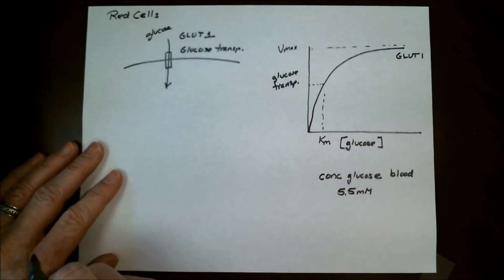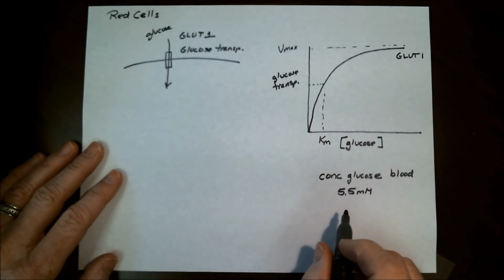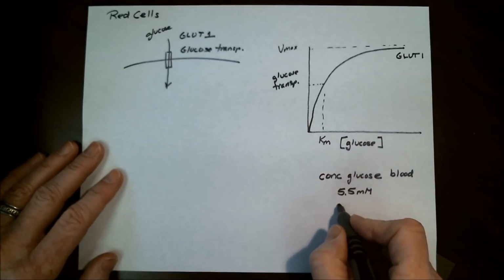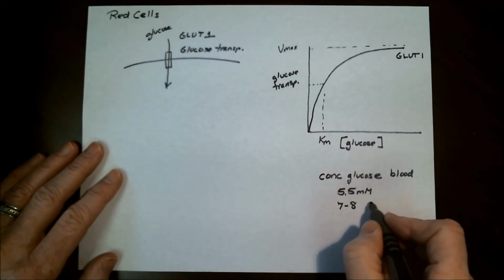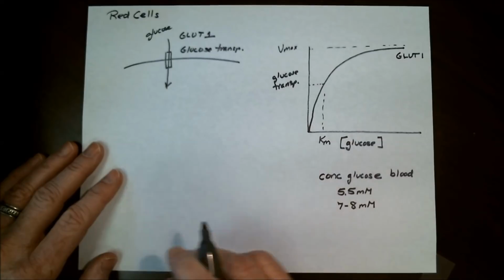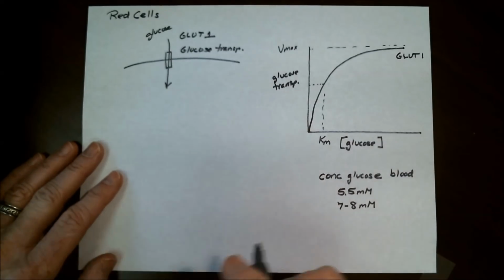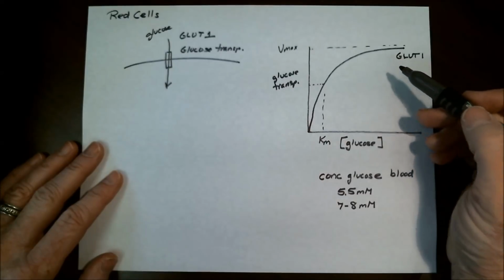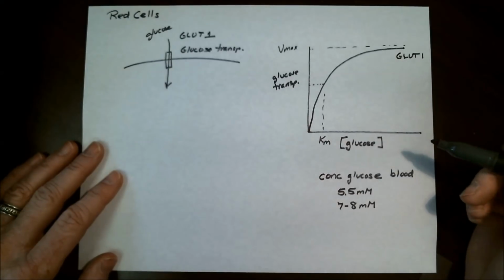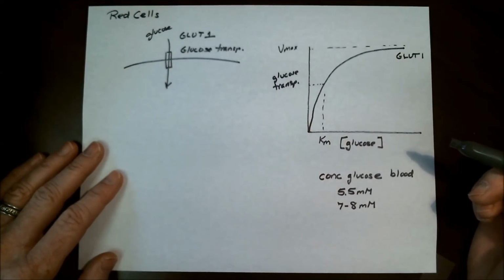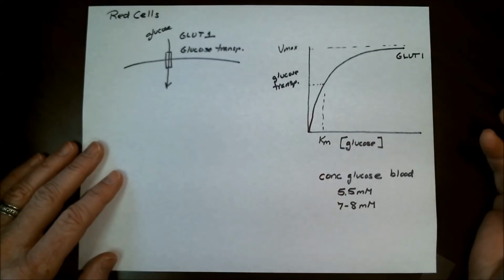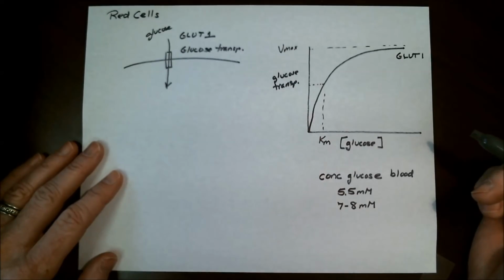After a meal that includes a glucose-based diet, this level will rise to somewhere between 7 to 8 millimolar. Now, these concentrations are important when studying the GLUT1 transporter activity because red blood cells need glucose at all times because glycolysis is their only form of generating energy.